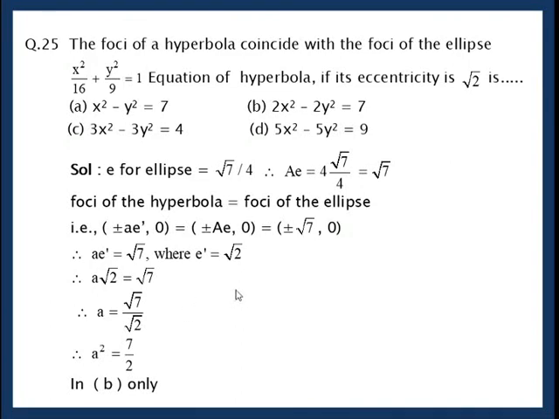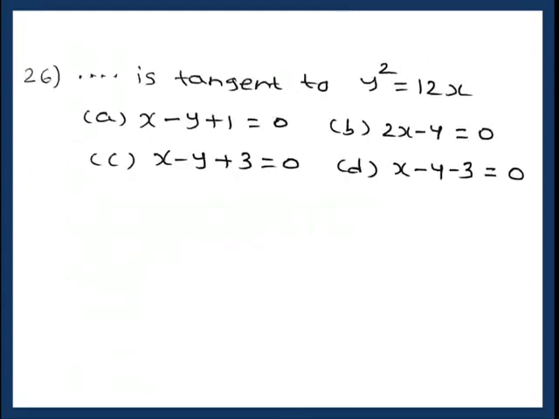You need not find the value of b, because out of these 4 options, only in option B you will notice that a square is 7 by 2. See, divide by 7, so 2x square by 7, that is x square by 7 by 2. So that happens only in B. So the correct option is B, Bombay. Otherwise, you can find b square and then say the correct option is B, no problem.